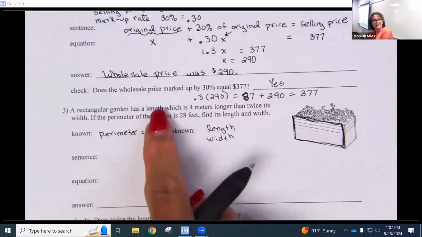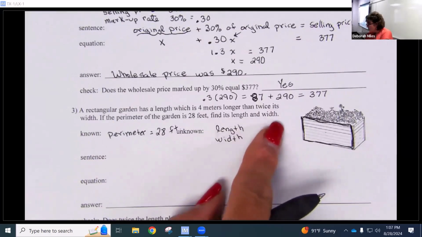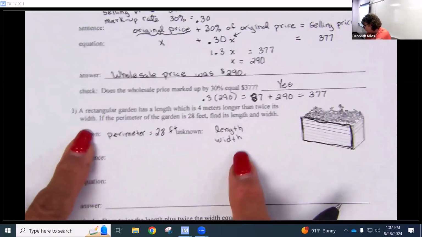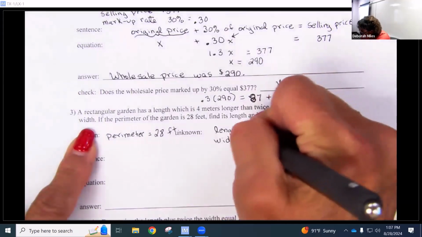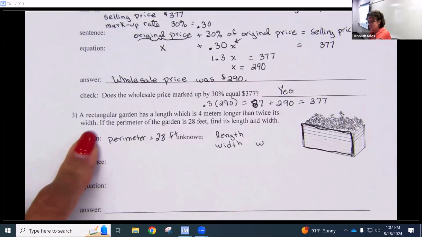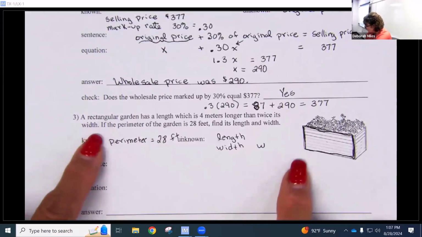This is telling me something about the length. The length is 4 more than twice its width, but I don't know anything about the width. So I can let the width be X, or I can even let the width be W. W makes a little more sense for width. And the width of a rectangle is always the short side.